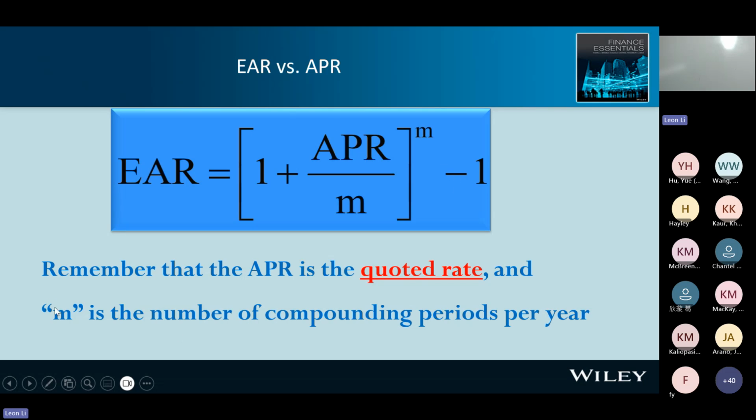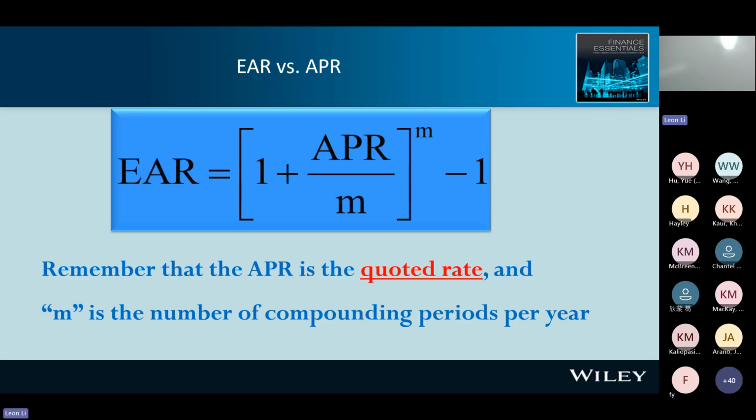M is the number of compounding periods per year. For example, monthly, M is 12. And remember, APR is a quoted rate. I mean, the rate you see in the market is APR, not EAR.